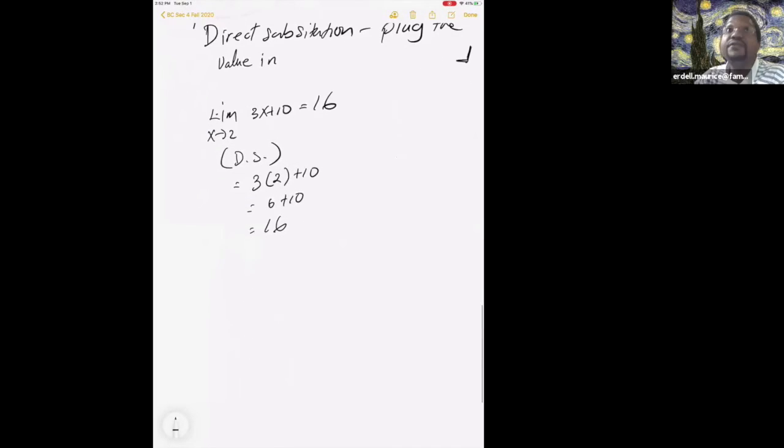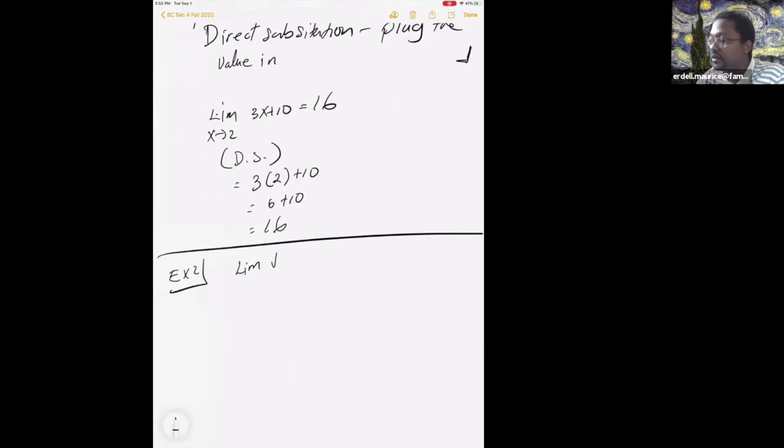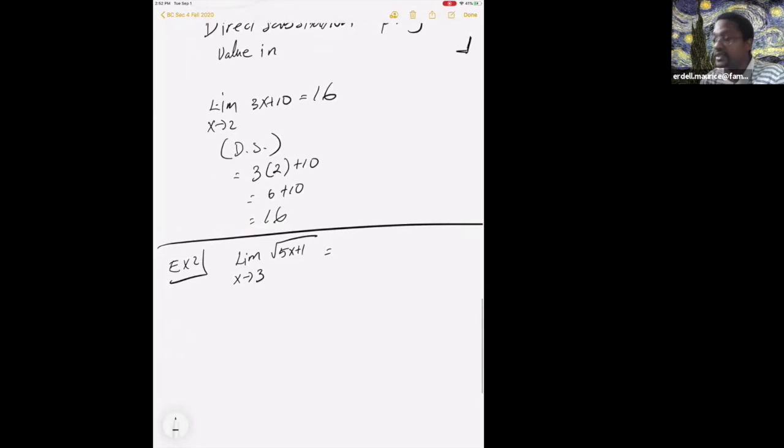So let's try a few of these because of course this is fun. Example number 2. I want to find the limit of the square root of 5x plus 1, as x approaches 3. For this limit, again, I try direct substitution.